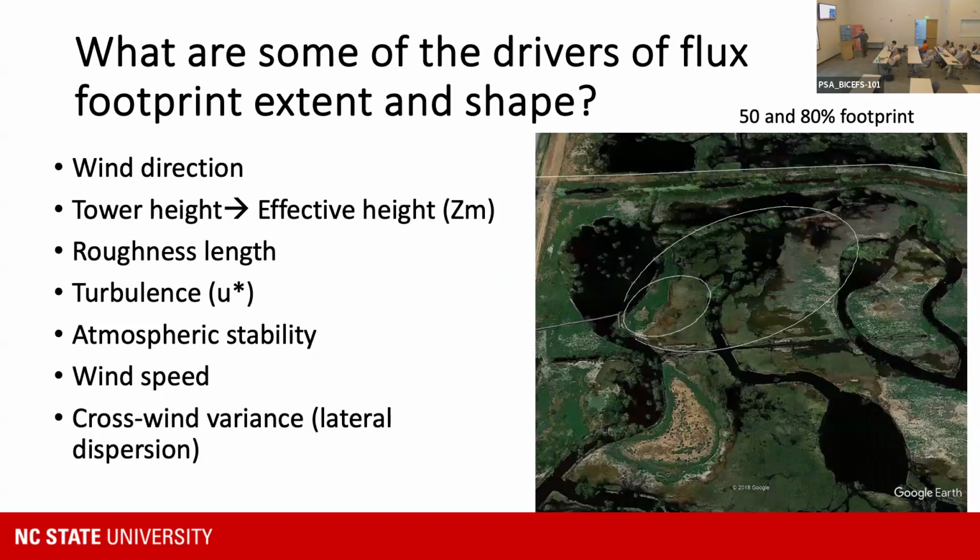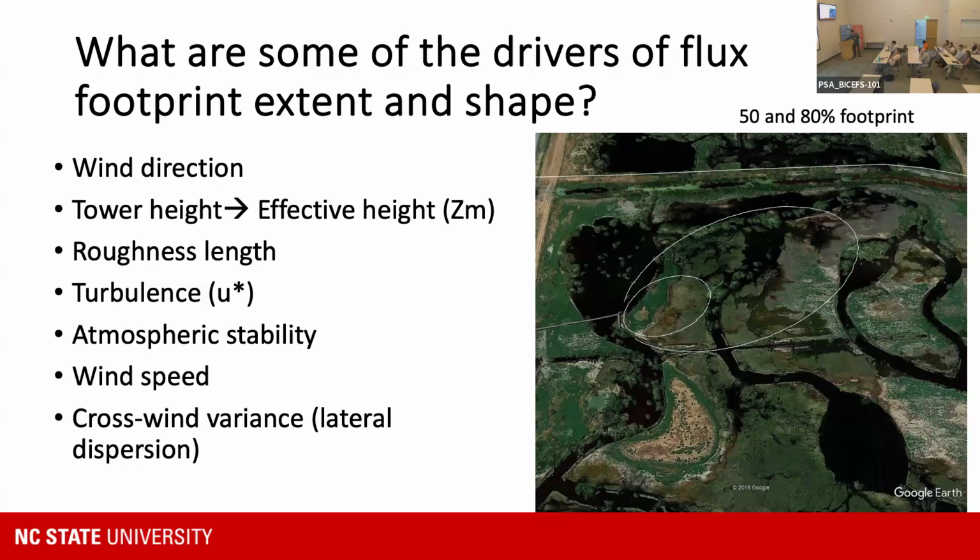It's important to know that footprints vary with wind direction, right? If we have a wetland here, this is in California, and this is a tower, and this is the 50% footprint and the 80% footprint, which means we know that 80% of the sources that we measure here come from this area.